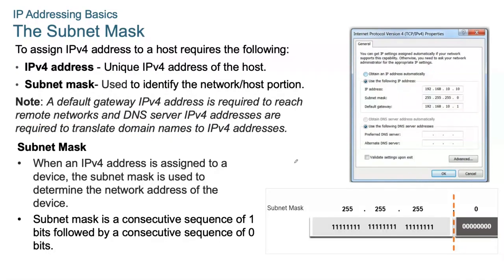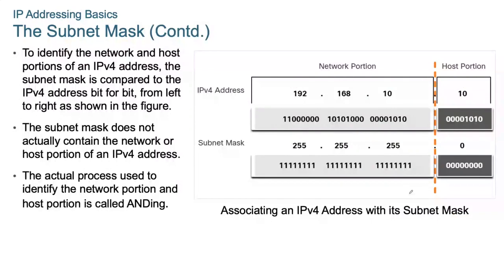So how does the subnet mask work? When you have the IP address, that IP address will be masked with the subnet mask bits to identify the network portion of your device as well as the host portion. It takes the IP address of your host and masks it with the subnet mask, and then it identifies the network address part.